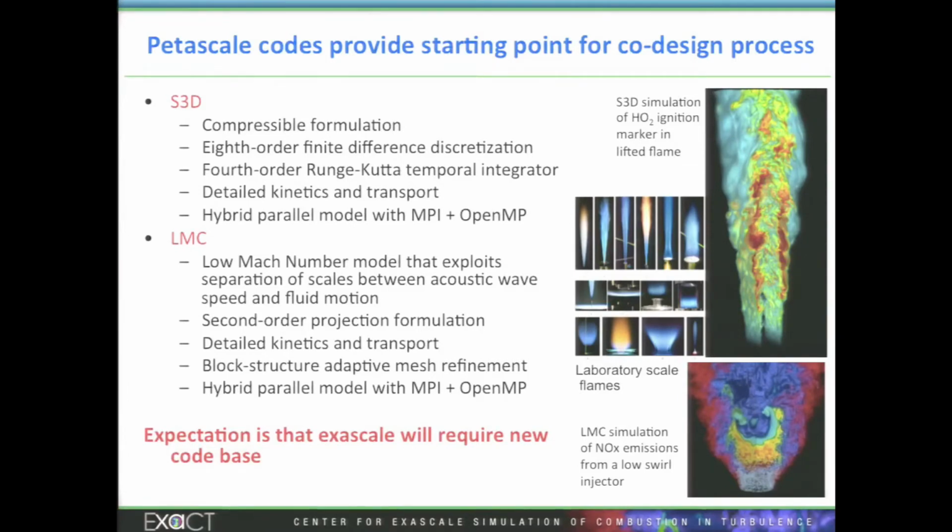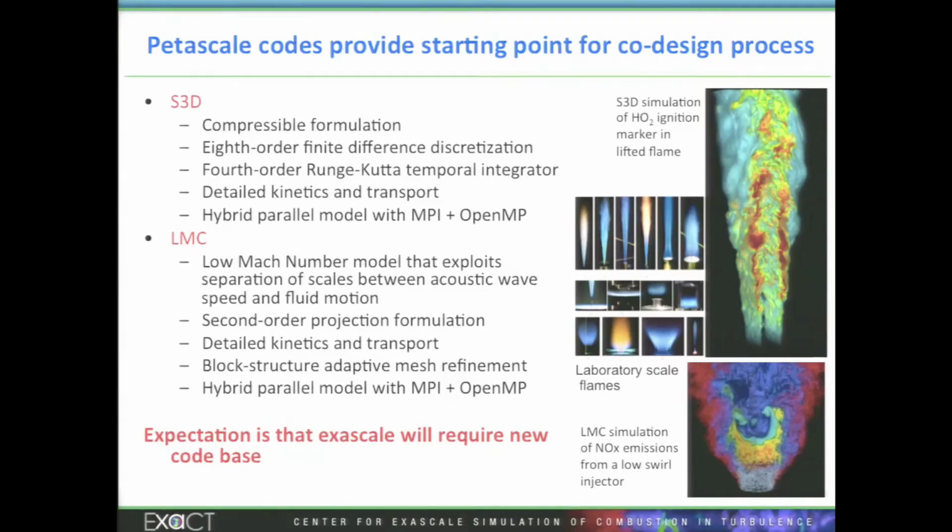So the petascale codes that provide a starting point in our co-design process are two. S3D is a code that I've written in my group over a long time with BES support. It's a compressible reactive Navier-Stokes code that uses higher order explicit finite difference methods for the spatial discretization, as well as a fourth order 6-stage Runge-Kutta method for time. It's explicit, and has a detailed treatment for kinetics and molecular transport.